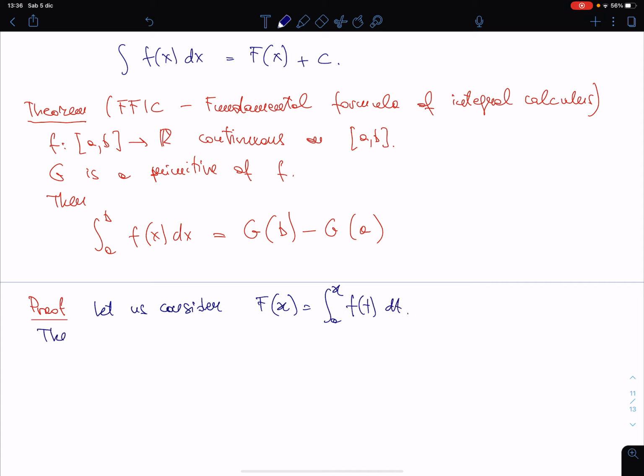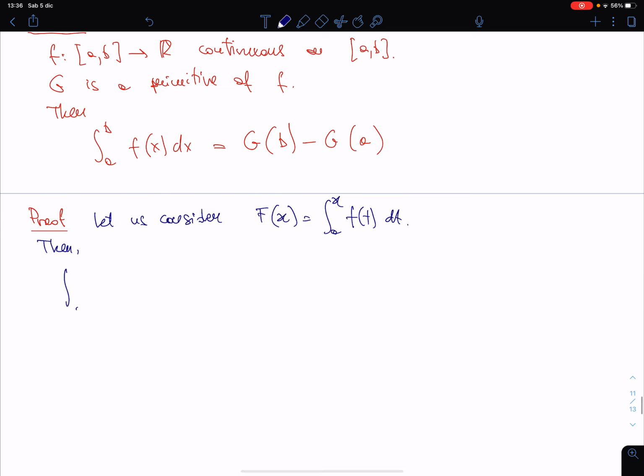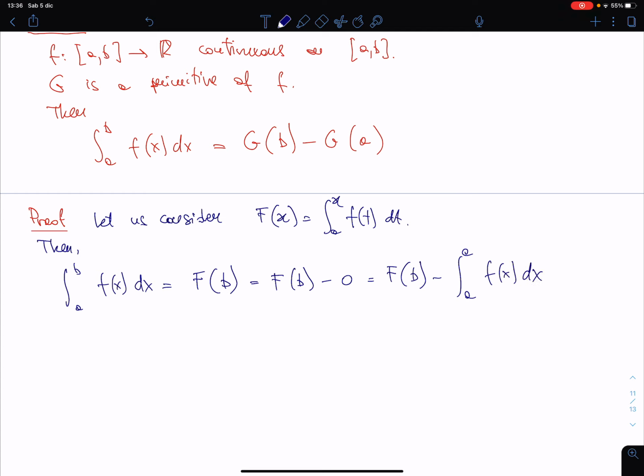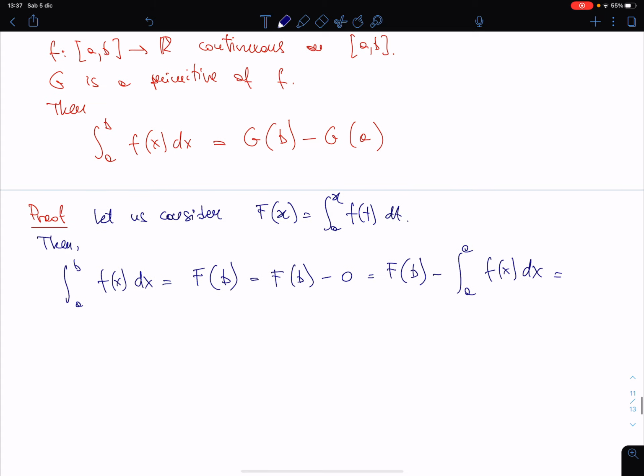Then the integral between a and b of f of x dx is equal to F of b by definition, but this can be written as F of b minus 0, and now I will write 0 in a strange way: F of b minus the integral between a and a of f of x dx. Why is this 0? It is 0 because this is the area between a and a, which is 0, or perhaps you can try to do that by the usual sums. Okay? And this is F of b minus F of a.